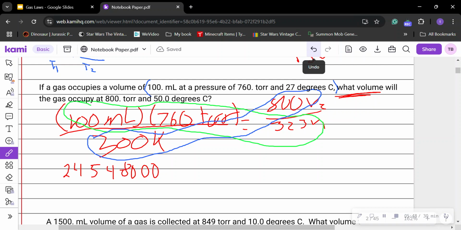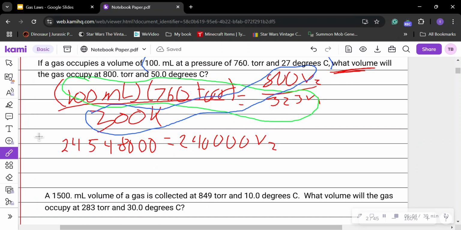Equals 300 times 800, 240,000, V2. Then you divide both sides by 240,000, and V2 should be 102 milliliters.